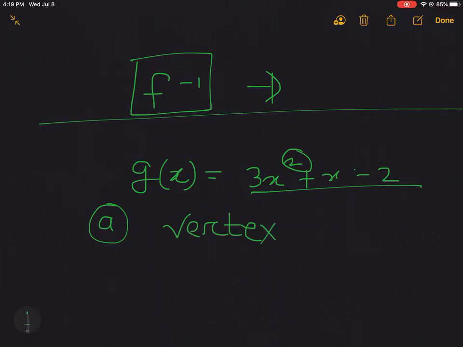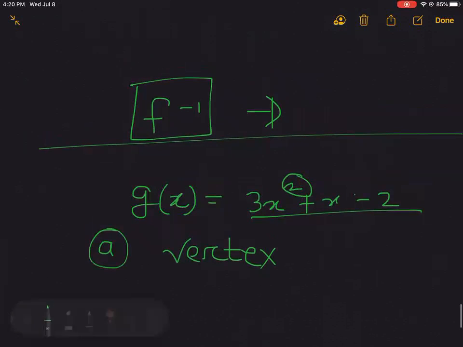Can you do it? What's the formula for the vertex? Anyone? Just give it a try, because you'll obviously review this. Yeah, very good. Negative b over 2a. So let me write it here so that you can compare it. Your a is 3 here, and your b is 1.